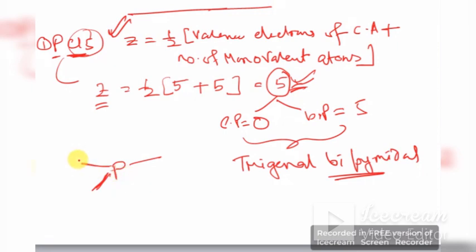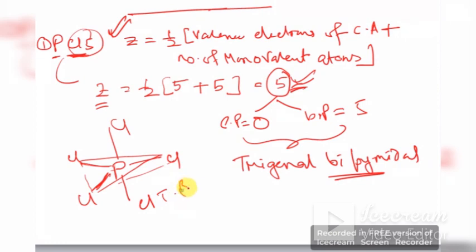Phosphorus is bonded with 3 chlorine in the plane, and 2 chlorine above and below the plane. This is the structure of trigonal bipyramidal. Now see the next structure.